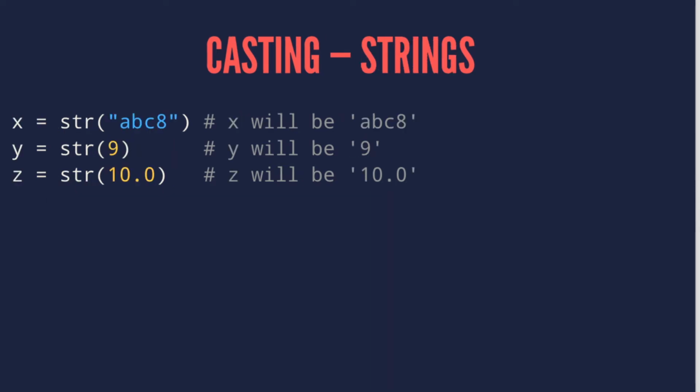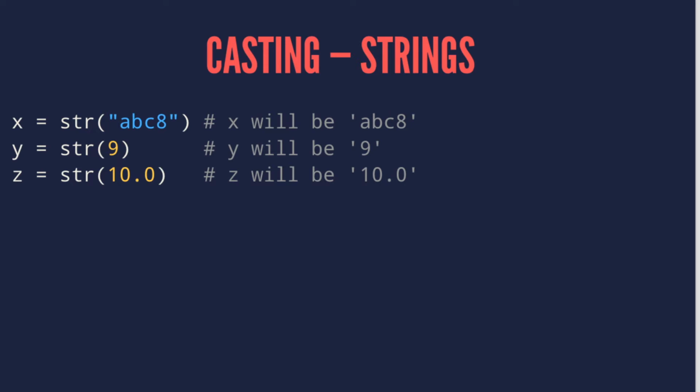And lastly, you can cast to strings, and this is important when you want to concatenate, because like I said before, you can't concatenate a string and an integer. So the first one, x equals str("abc"), because it's already a string, then it won't change. The next one, y equals str(9), that'll change it to a string instead of an integer.